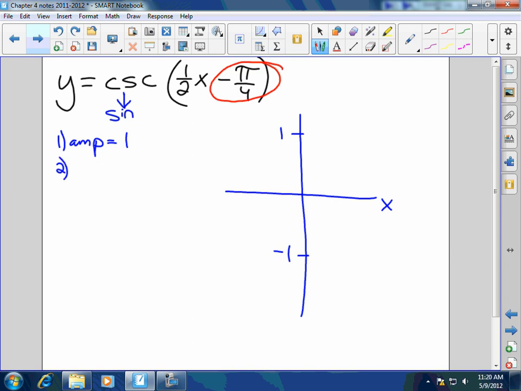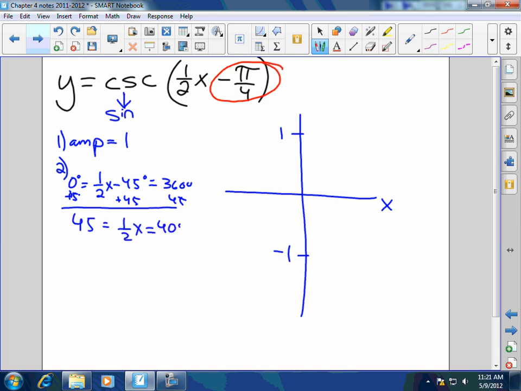Now, step 2, I want to find the parameters of my period. So 1/2 x minus 45 degrees equals 360, but also equals 0. I'm going to add 45 to both sides. So I'm going to have 45 equals 1/2 x, which equals 405, times 2 to all three sides.